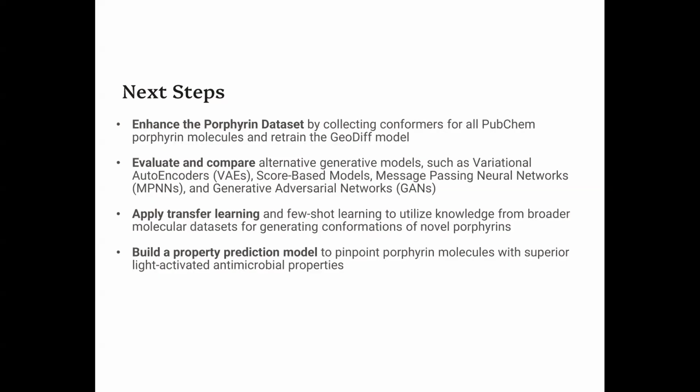It would also be nice to compare the results with applying transfer learning and few-shot learning. So, train the model with a broader data set, and then do few-shot learning with our smaller data set, and compare the results with the first ones.